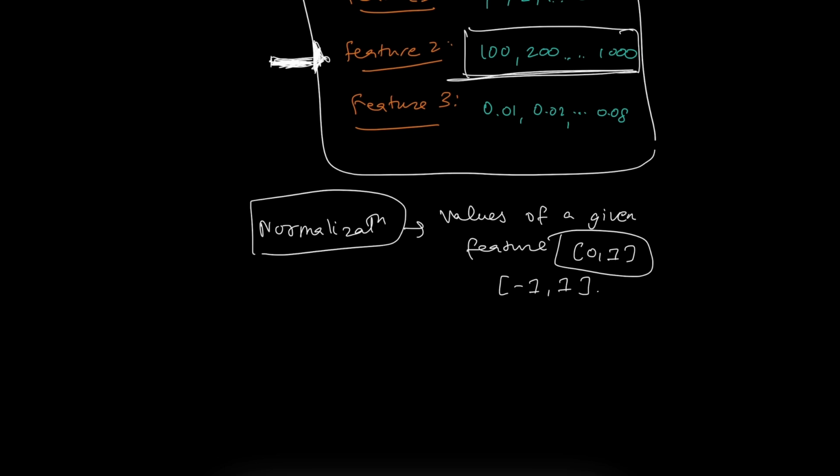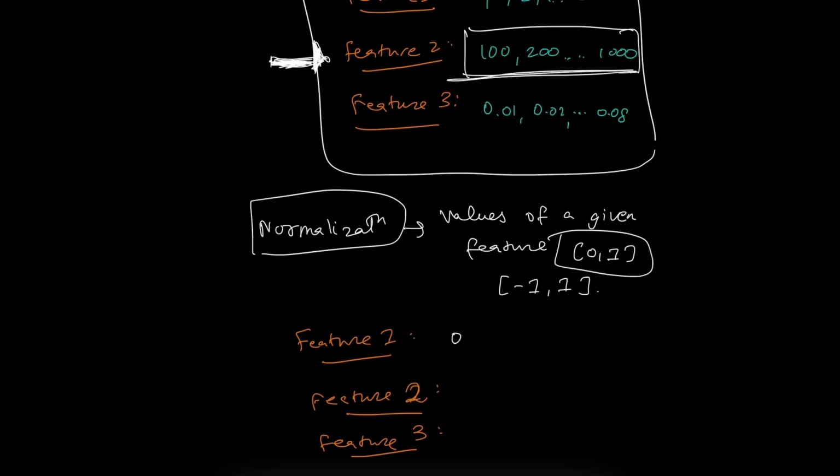So for our feature 1, for all of our features, basically we will have a range between 0 to 1.